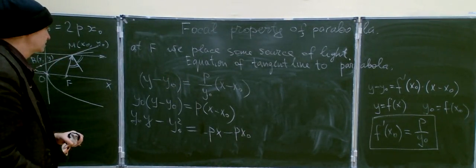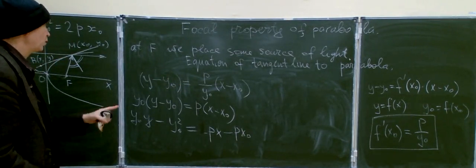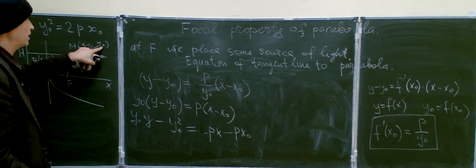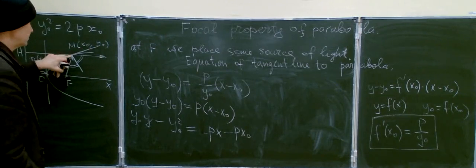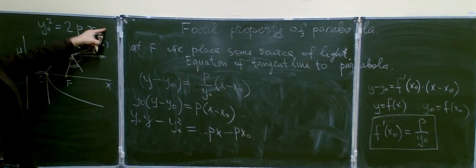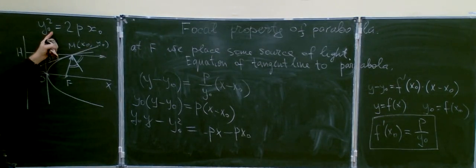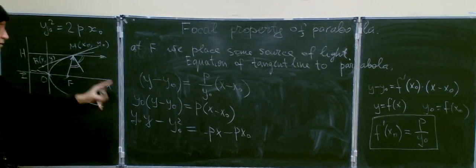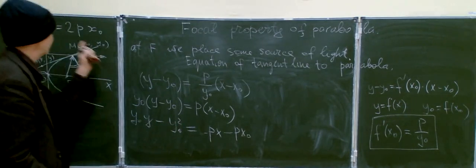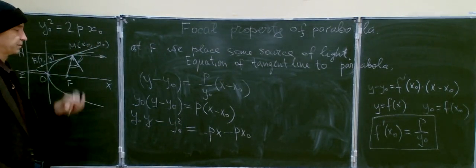Now let's recall that the point with the coordinates x sub 0, y sub 0 belongs to the parabola. Therefore, this equality is fulfilled. For this reason, we can replace y sub 0 squared by the following expression.